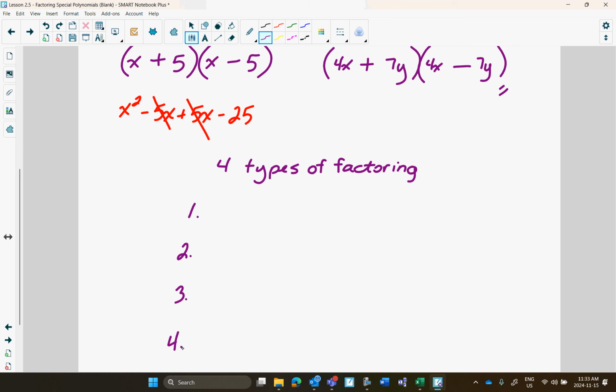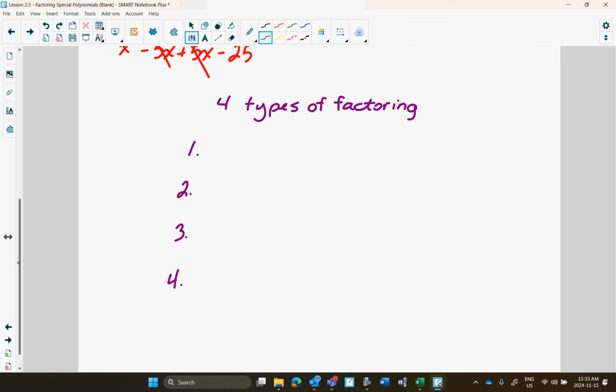It might be helpful to do that. Do you remember what we called the first type? Very first one we did. Yep, GCF. That's when we found the GCF, and then the other factor we found by dividing and putting it in parentheses. Right?